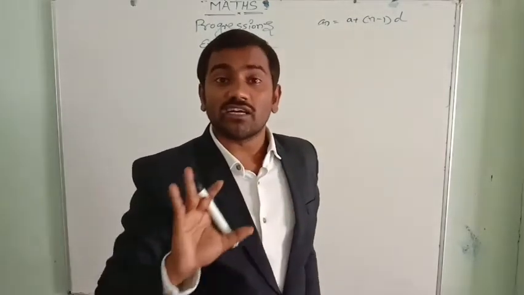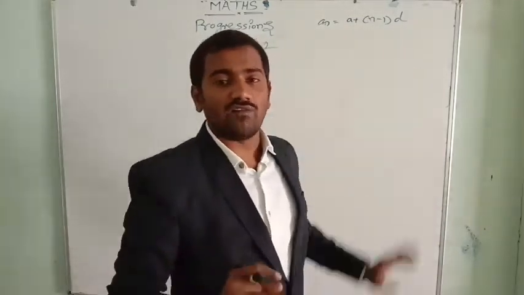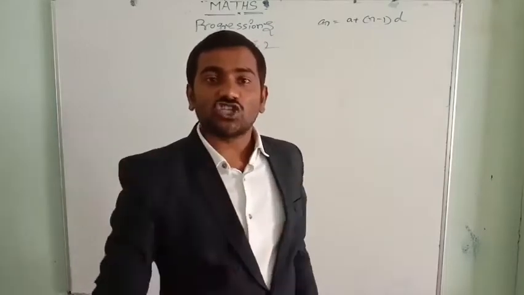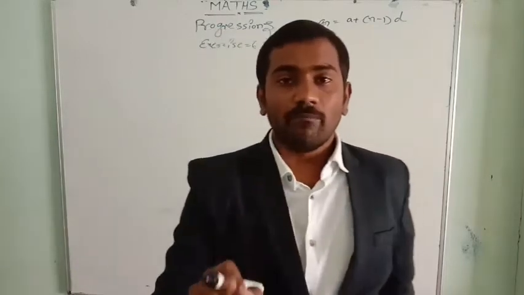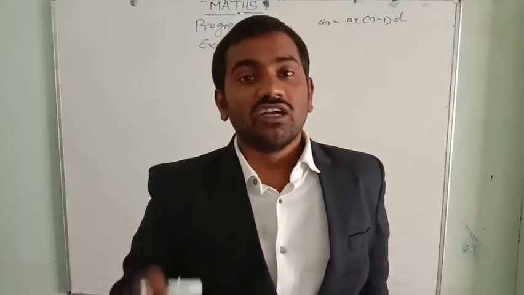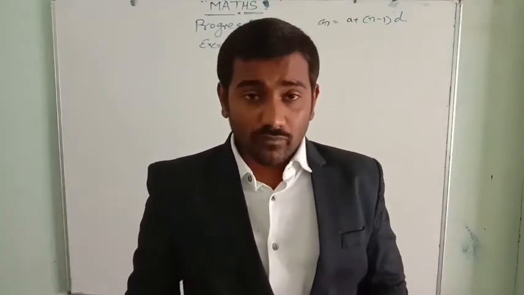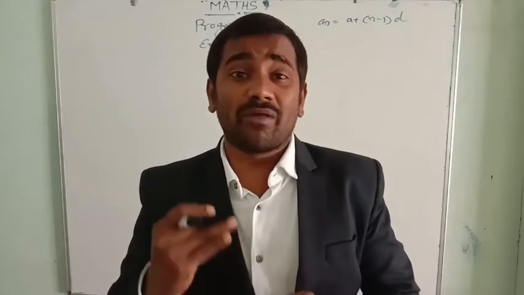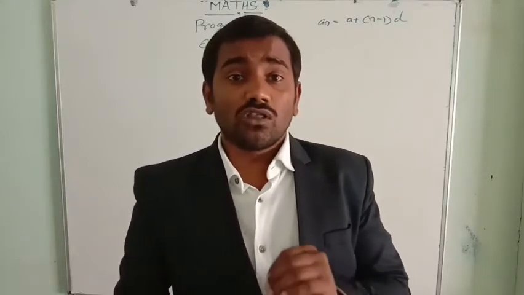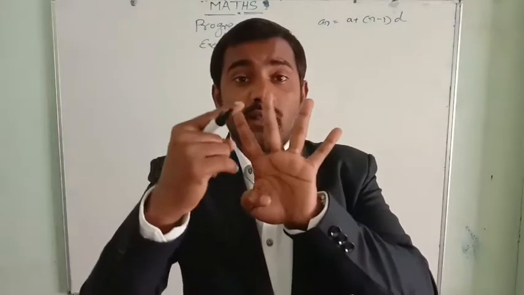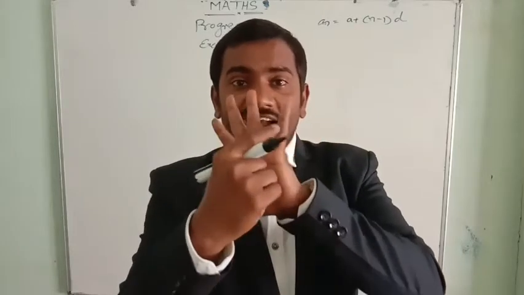We know all the terms involved in this formula. Once again: an last term, a first term, n number of terms, d common difference. So how many unknowns are there in this? There are 4: an, a, n and d.